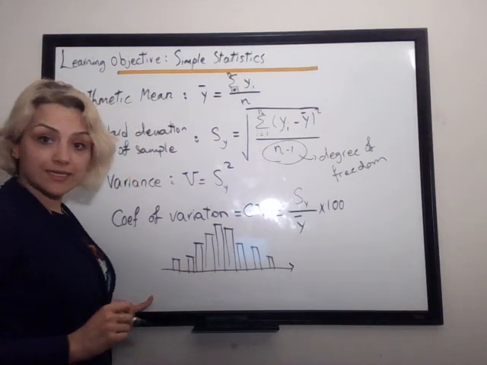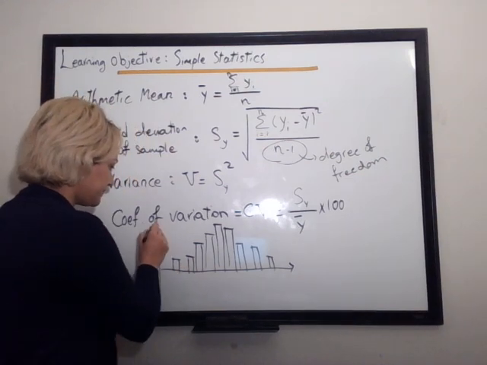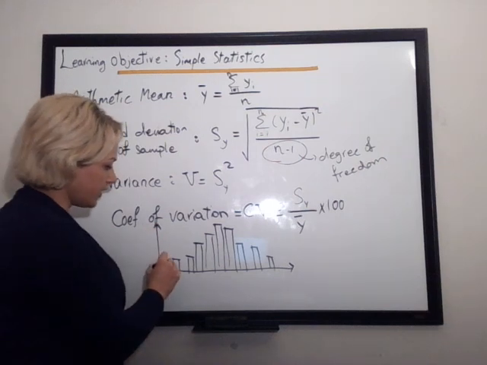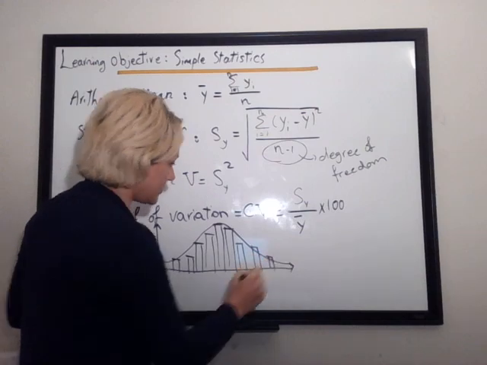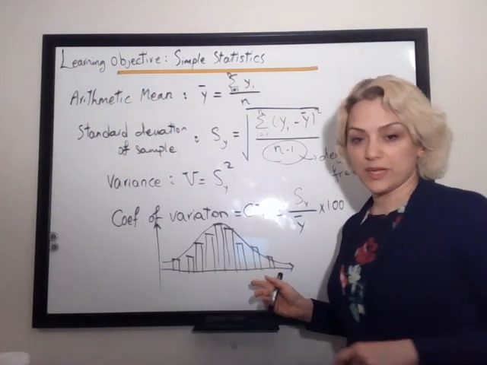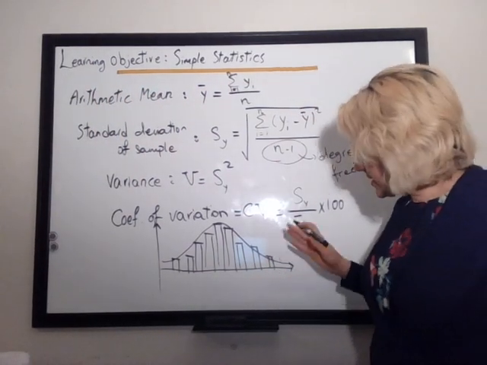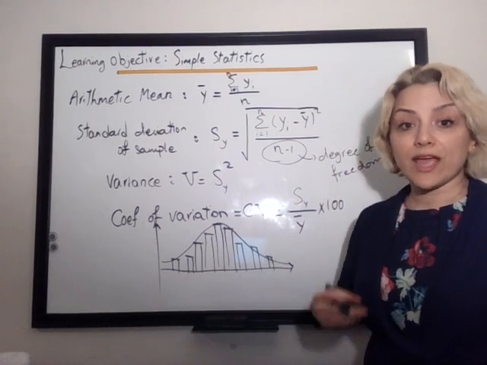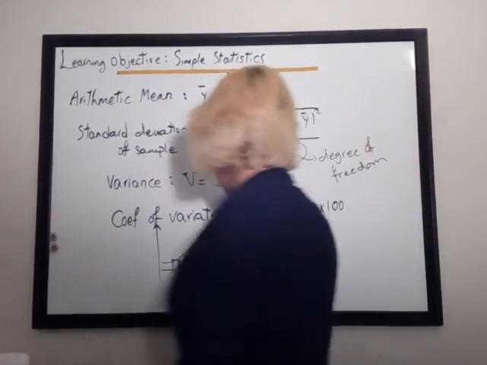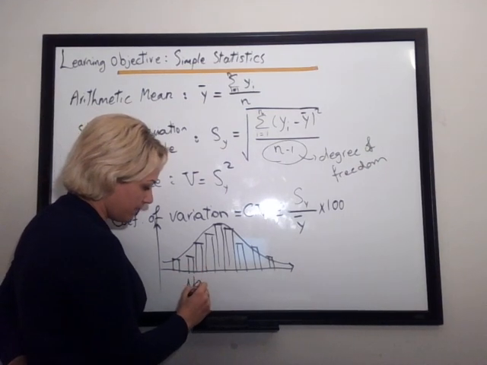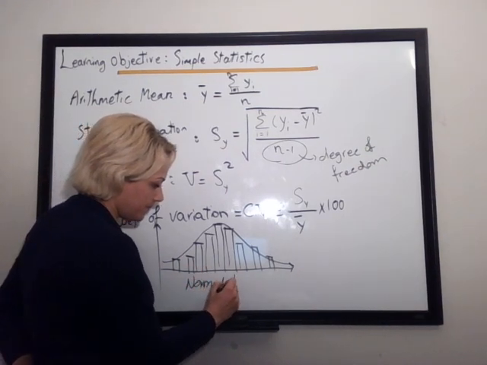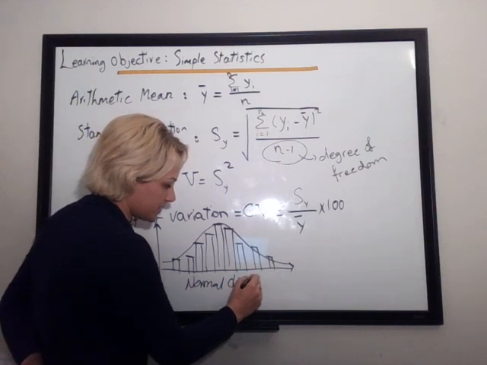When I look at this, if I try to connect these histograms together, I can see that it's like a bell-shaped curve. In this situation, we would say that we have a normal distribution curve. So this one here is the normal distribution.